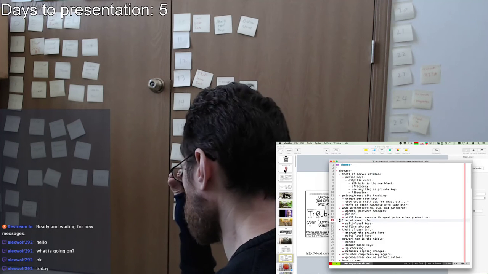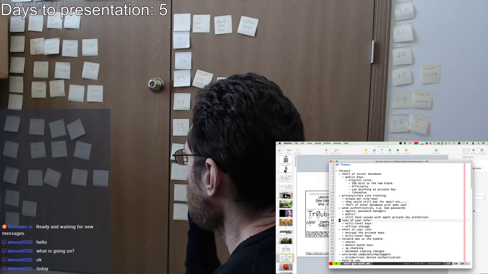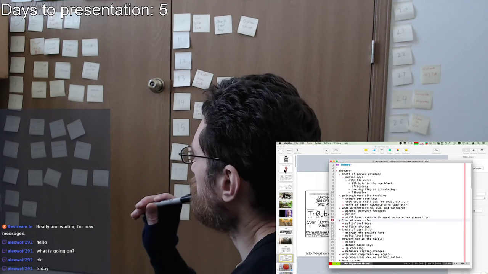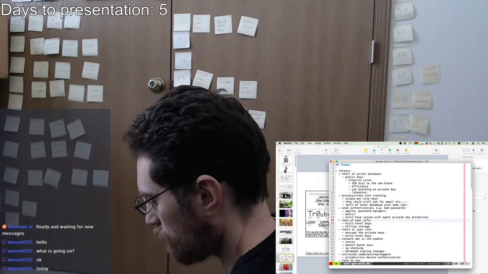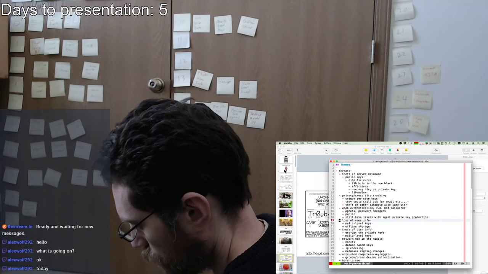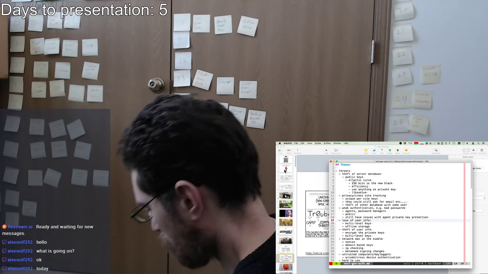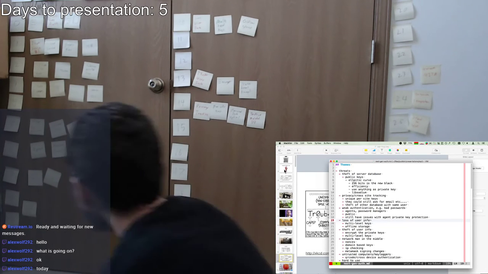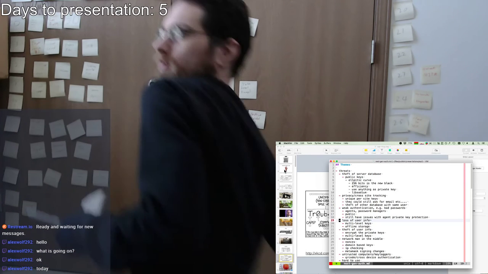Alright, so we also have weaknesses in the passwords themselves. People tend to use bad passwords. Oh, actually, I have reuse, that was the other one. My black marker's dying here. People tend to choose bad passwords.